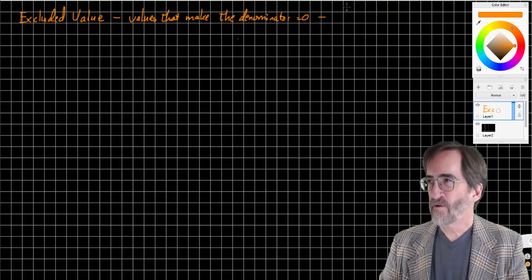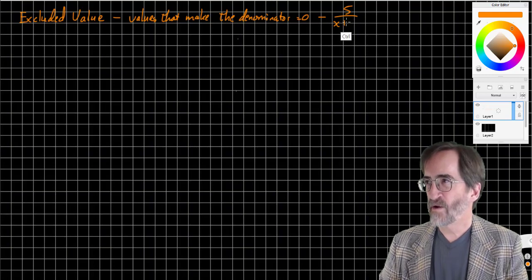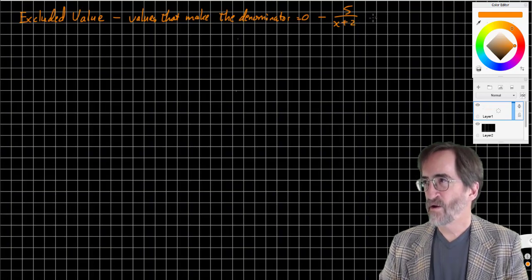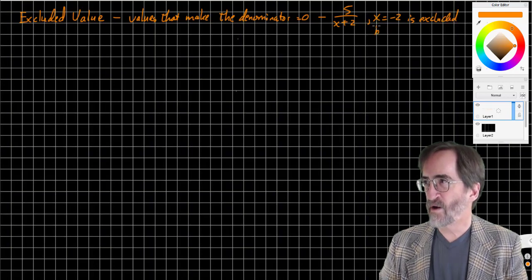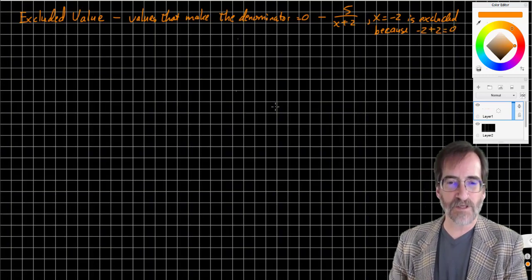Example, 5 over x plus 2. X equals negative 2 is excluded, because negative 2 plus 2 equals 0, and it would cause division by 0.